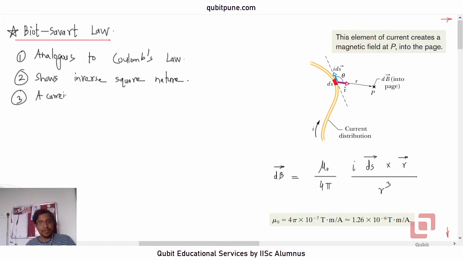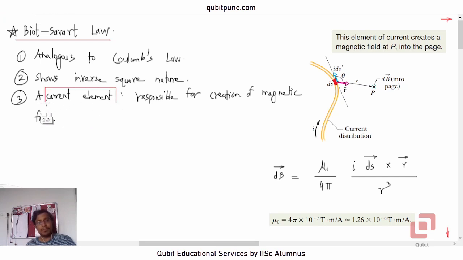It takes a current element as something which is responsible for the creation of magnetic field. When I say a current element, I'm fundamentally differing from charge, because by current I actually mean movement, the movement of charge.